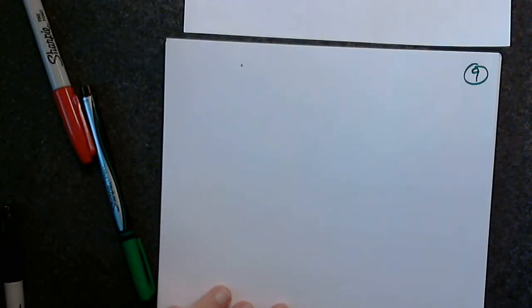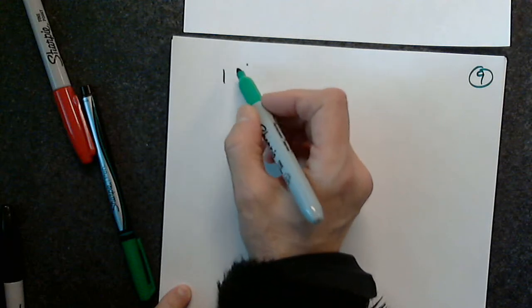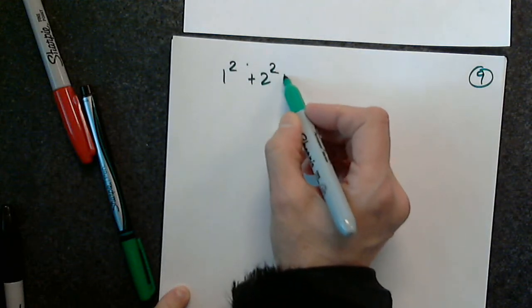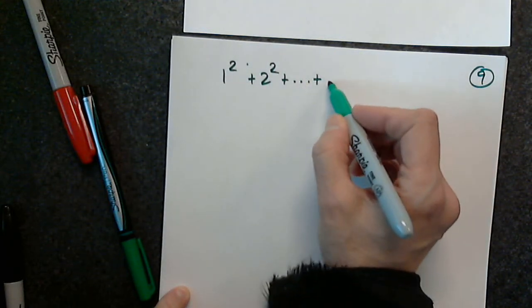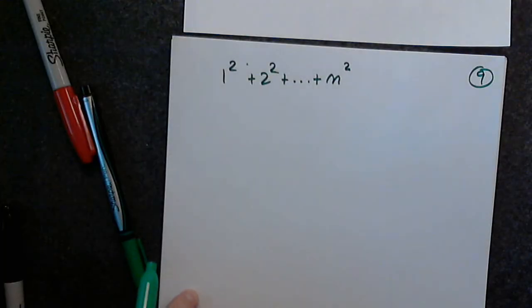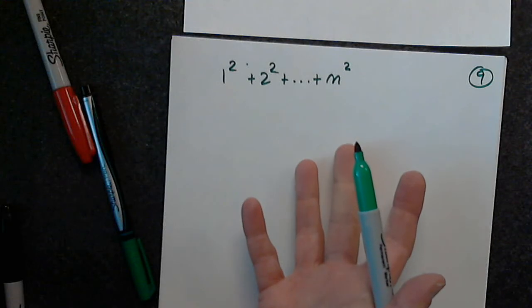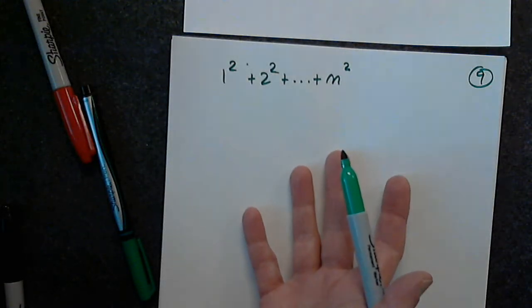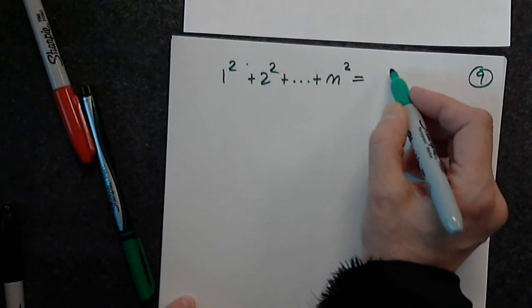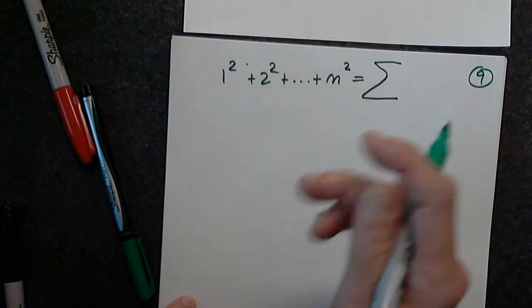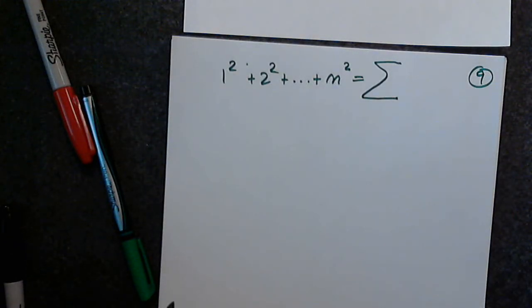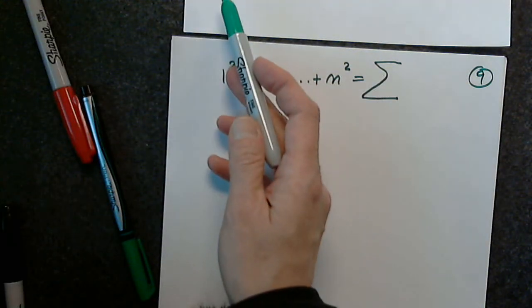It's an easier way of writing, for example, 1 squared plus 2 squared plus dot dot dot plus n squared. It's clearly a sum of terms, right? So the notation will be this, the Greek letter S. Why do we use it and not the Latin S?